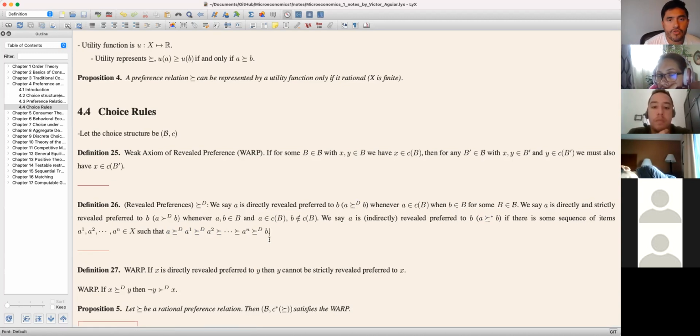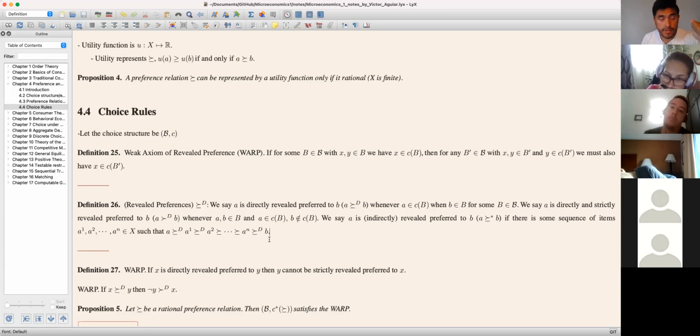So do you understand? Samuelson says, look, imagine I never see you choosing A and B together, so there is no menu that has them at the same time. But I observe instances of smaller experiments where I see that you pick A when A1 was present.